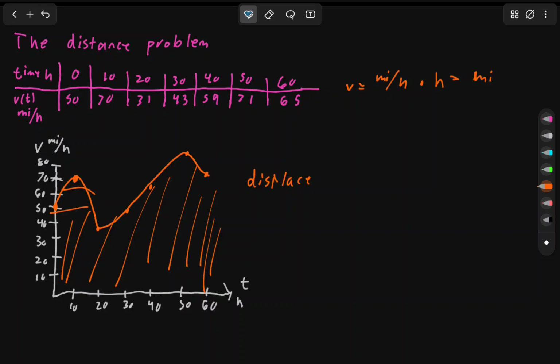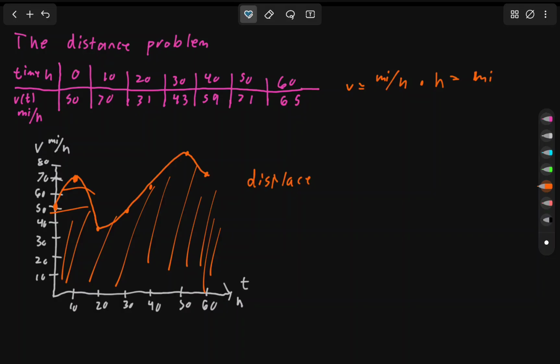So this area problem is connected to the distance problem, just like the velocity problem is connected to the derivative. So now I just want us to estimate the distance traveled using the intervals provided.